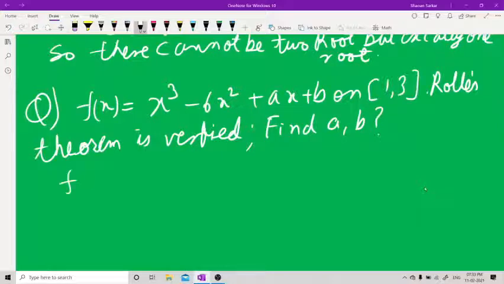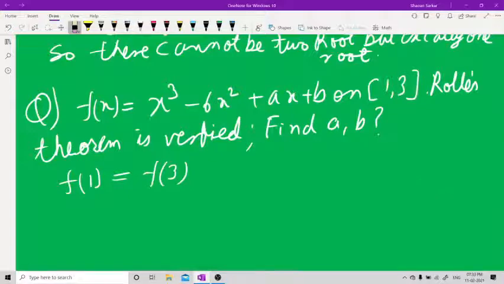That means it already satisfies all the conditions of Rolle's. So I have to write f of 1 is equal to f of 3. There is some more part of the question I forgot to write.